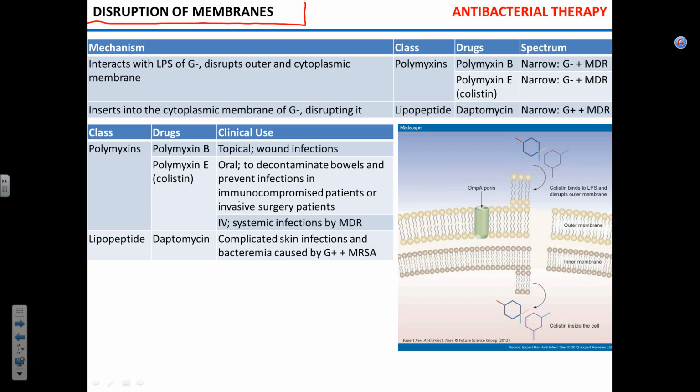In 2 words. Phospholipid bilayer. That's it. What is the structure of eukaryotic membrane? In 2 words. Phospholipid bilayer. So they're not very much different. They're actually pretty much the same. So if you target a bacterial membrane, you're going to target eukaryotic too. There are 2 major classes of drugs that disrupt the membrane: polymyxins and lipopeptides.